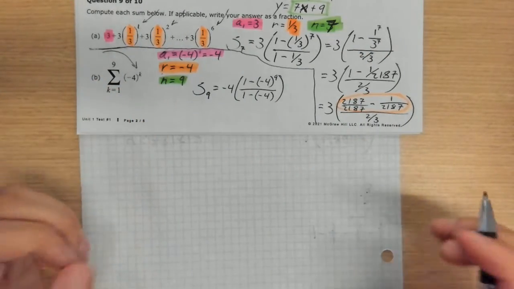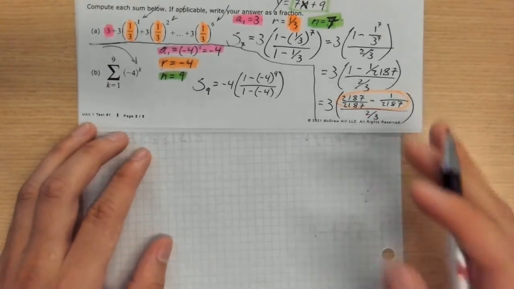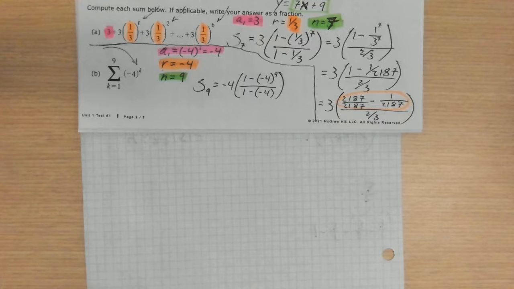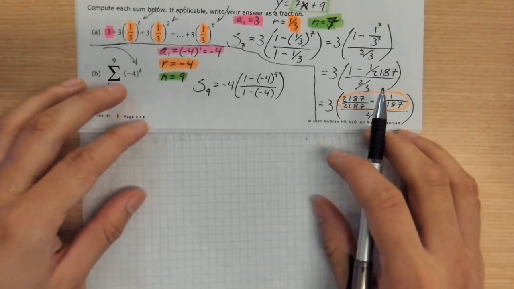Notice that I put a parenthesis. Whenever I have a negative common ratio, I always put a parenthesis. It makes it easier to see when simplifying.